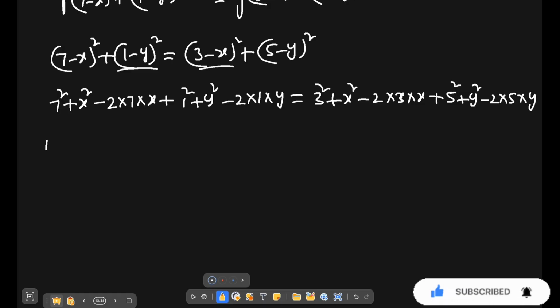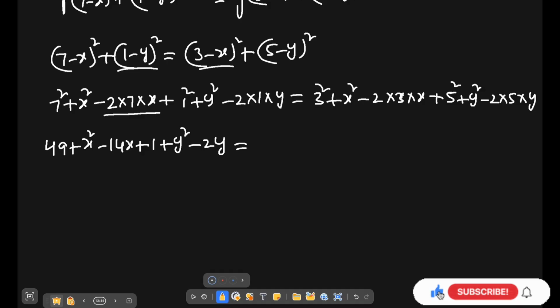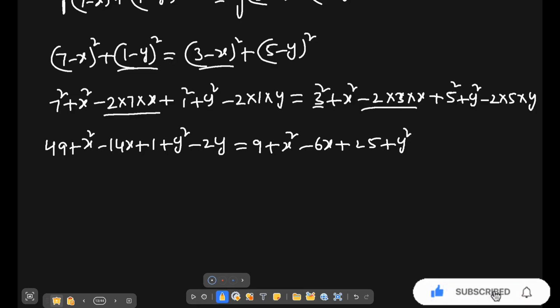So 7 square is 49 plus x square minus 14x plus 1 plus y square minus 2y equals 9 plus x square minus 6x plus 25 plus y square minus 10y.